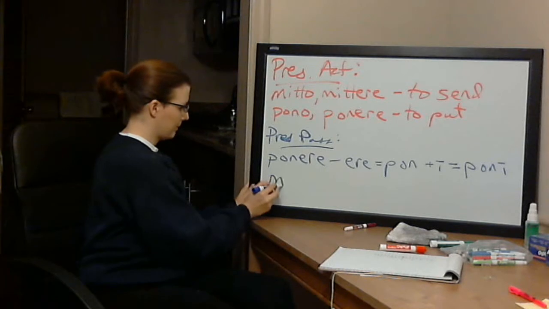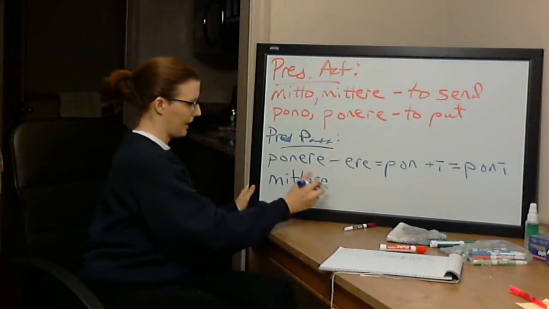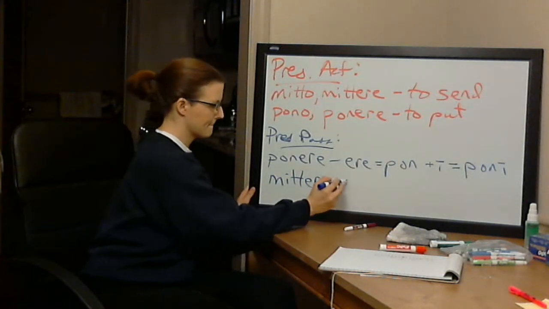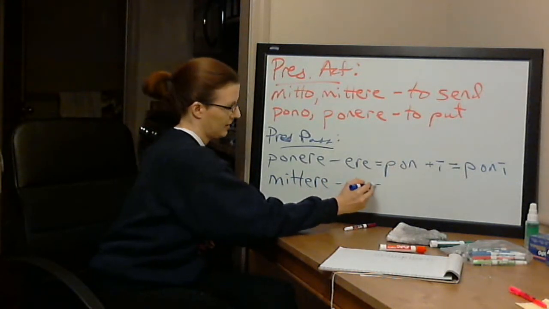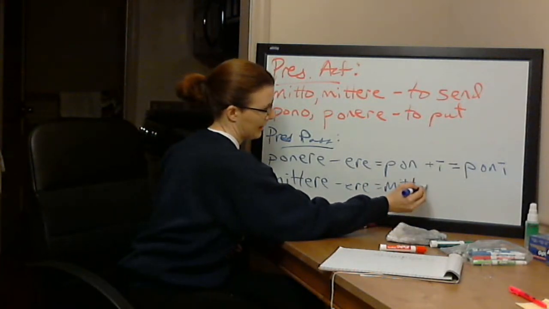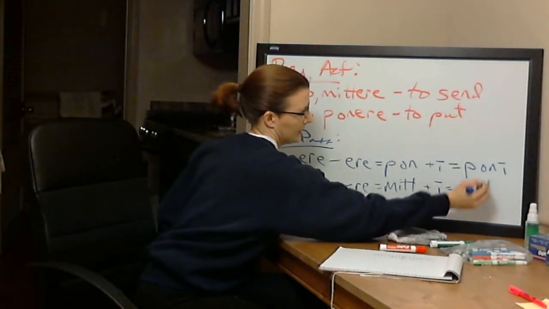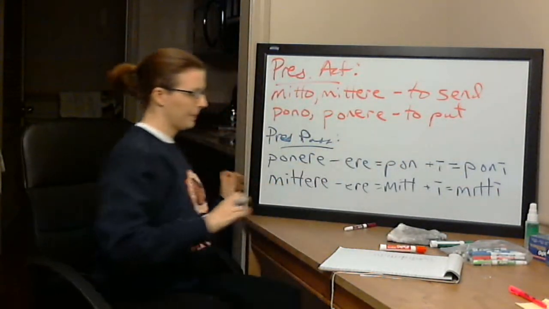And so for mitto, mittere, we start with our present active infinitive, mittere. We drop what? Our ERE, and that gives us mit for our stem. And to that, we're going to add the I, and we get mitti.